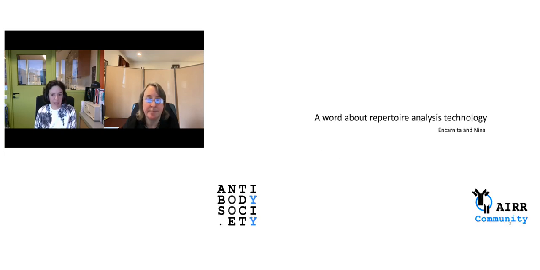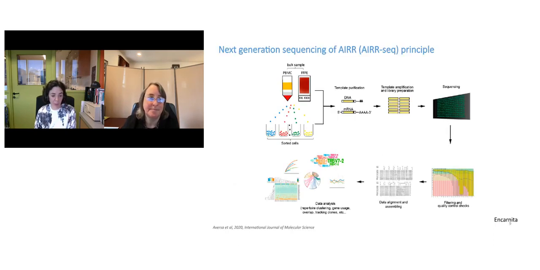So now, how do we analyze such a diverse and highly complex system in samples? There have been several different approaches to do that, but nowadays, thanks to the development of next generation sequencing, this approach has been adapted for the study of adaptive immune receptor repertoires by sequencing.